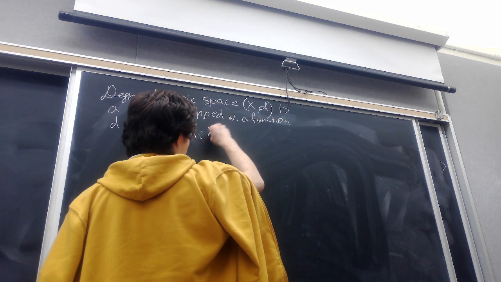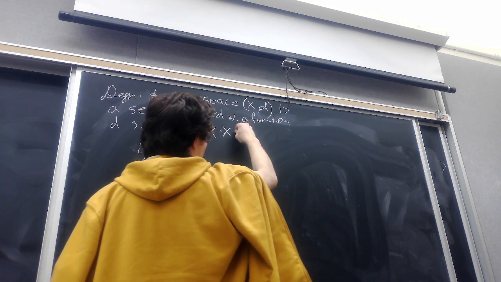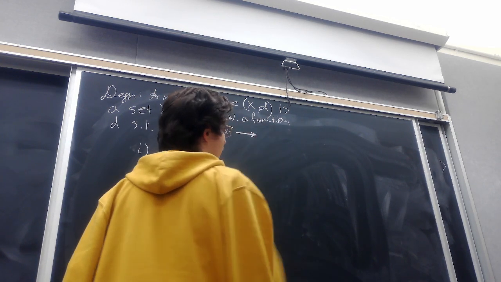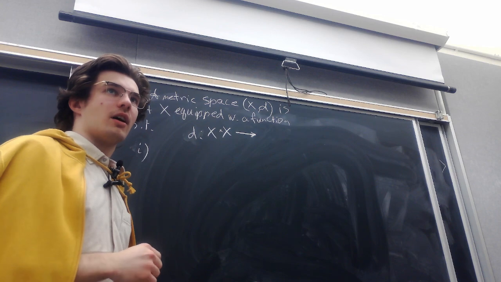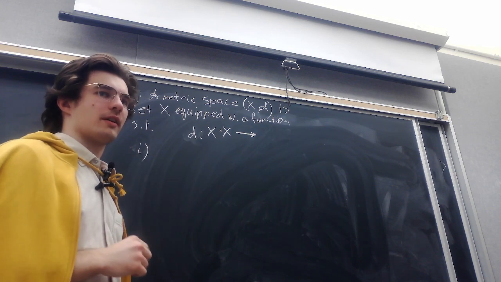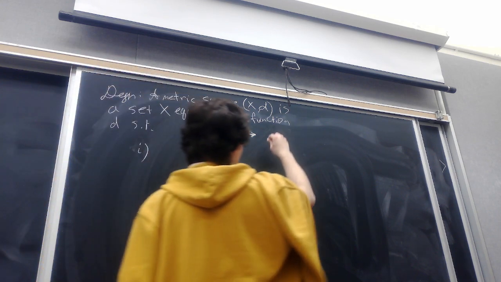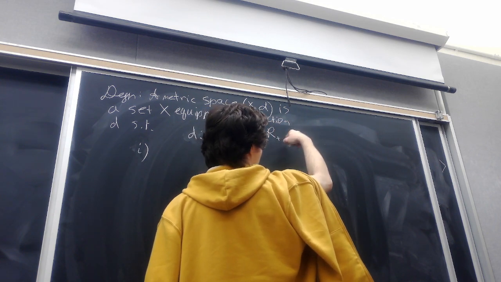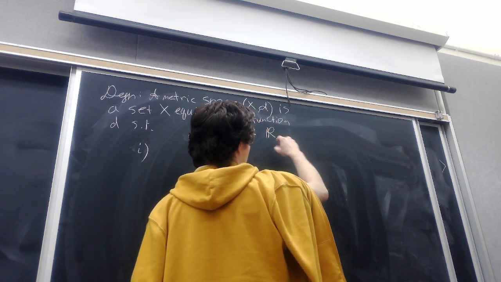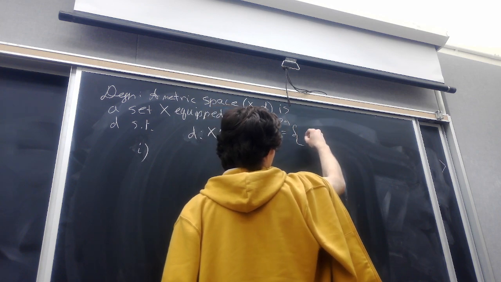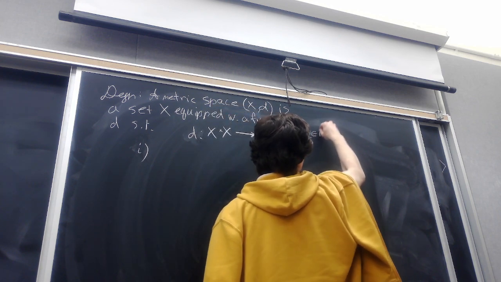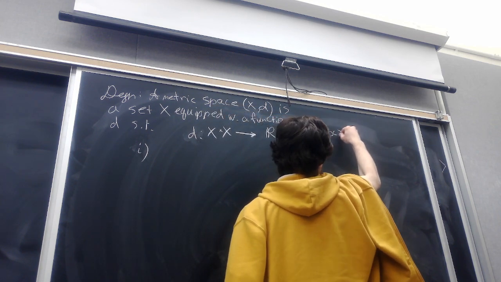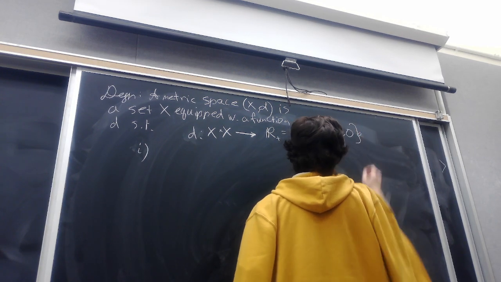So it's going to be from X cross X into R plus, and this includes 0, the reals such that x is greater than or equal to 0.